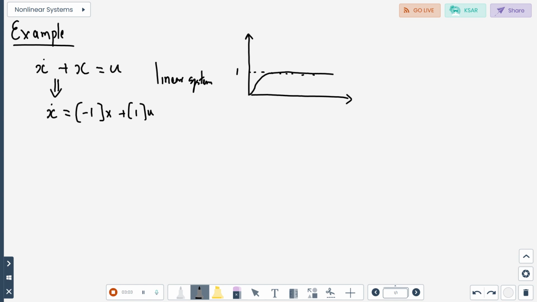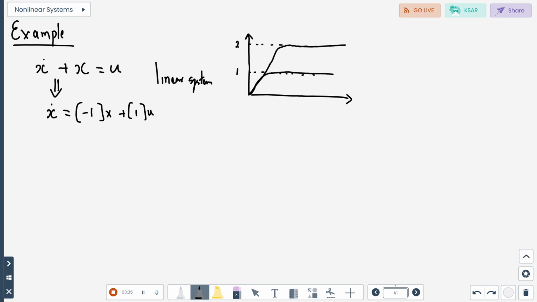If we increase the input of the system, the output will also change and settle at the new reference value. Looking at these two inputs, as you increase the input, the settling time of the system increases.